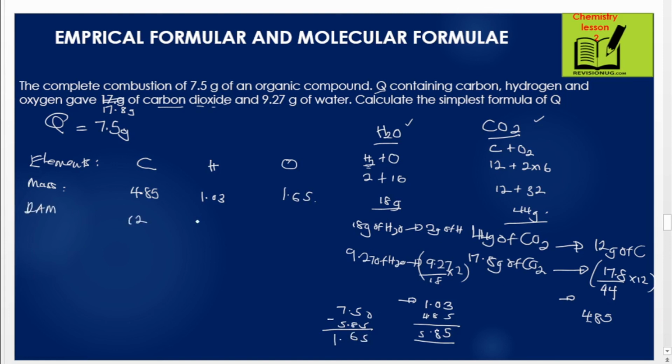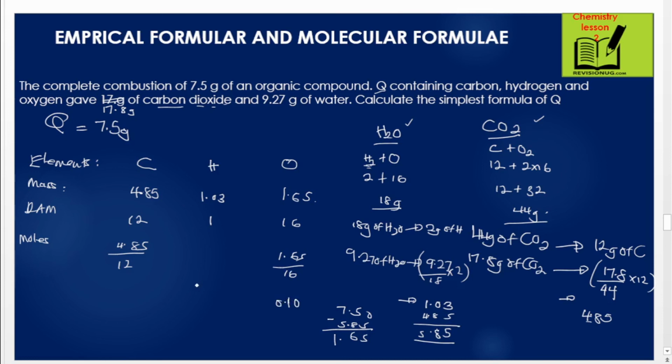This is 12, this is 1, and this is 16. Then we take their moles. Now that is 4.85 divided by 12. What is the answer there? Now this is 1.65 out of 16. Let me first take that one, divide by 16. This is giving us 0.10.